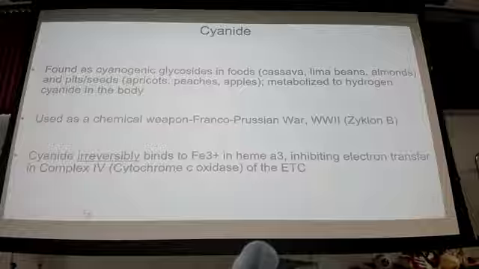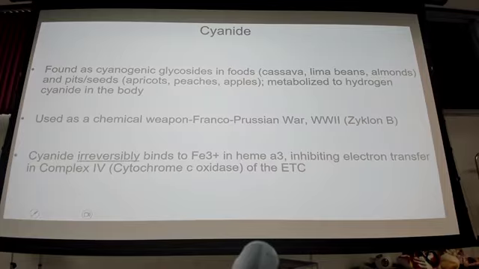And what cyanide does is it irreversibly binds to the iron in the heme A3 portion, inhibiting electron transfer in complex 4 as well. So a little bit different mechanism of action than carbon monoxide, but it's doing a similar thing.